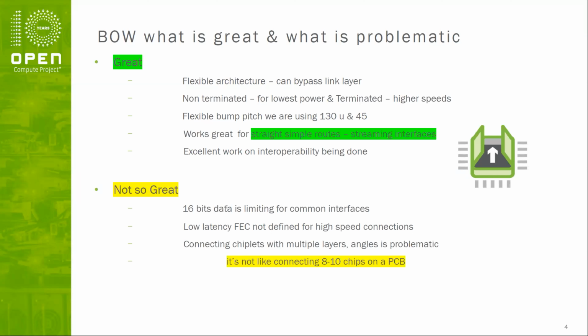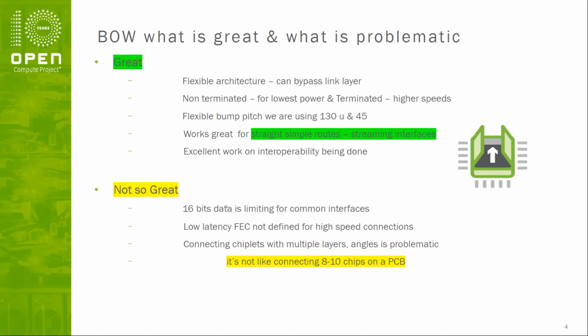Bump pitches are flexible, so you can do 130 for traditional, or go all the way down to more advanced packaging. Our initial working experience has been that straight, simple routes, and especially streaming interfaces, like an Ethernet interface or a PCIe interface, really work well in this environment.